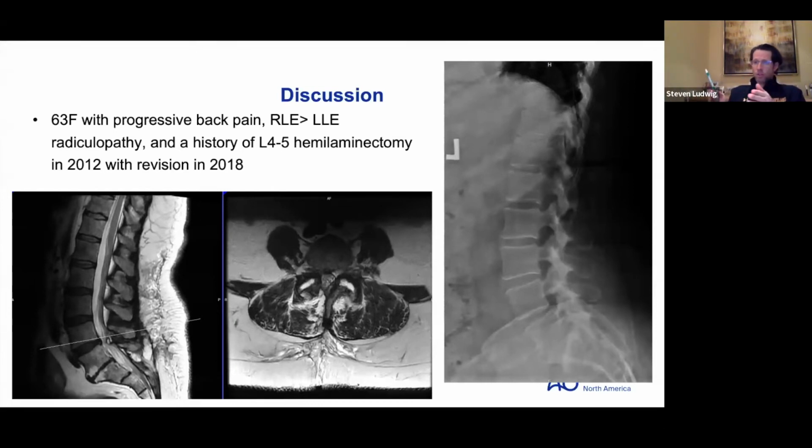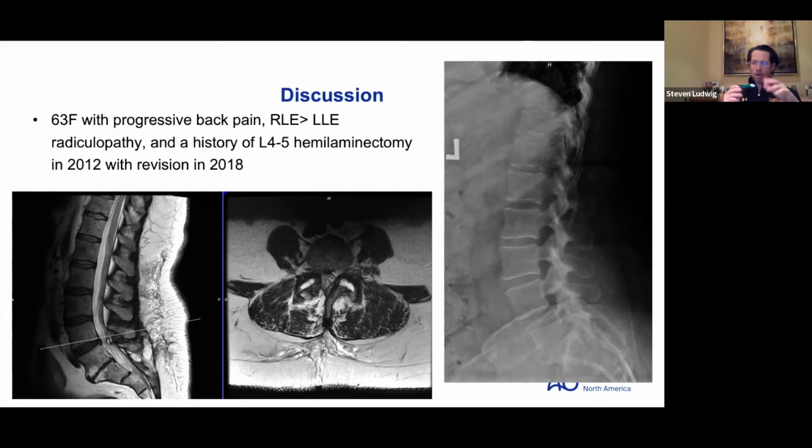The fusion patients do better than the non-fusion patients. So for poor hosts, I think it does make sense, Eugene, to add an interbody in somebody who's compromised. Patients that have severe foraminal stenosis and severe foraminal disease may benefit from that decompressive procedure through the interbody space that Dr. Ko was talking about.